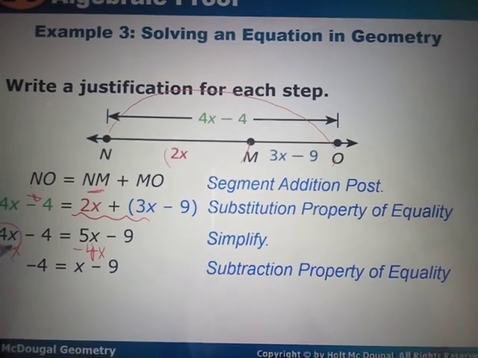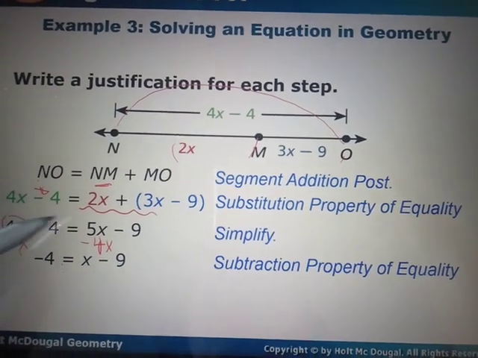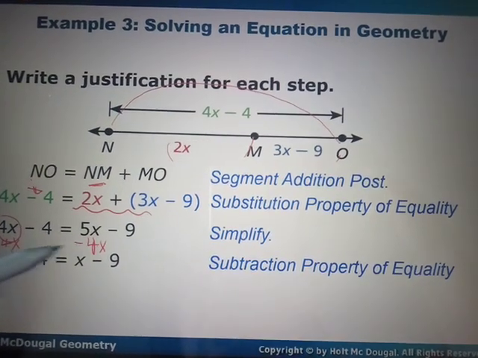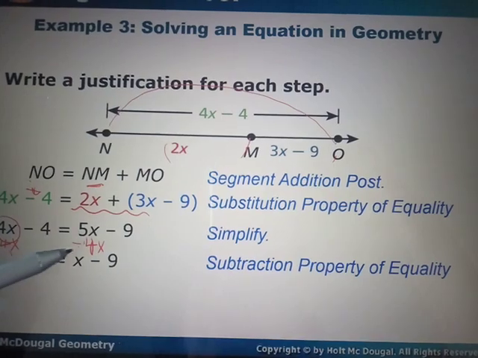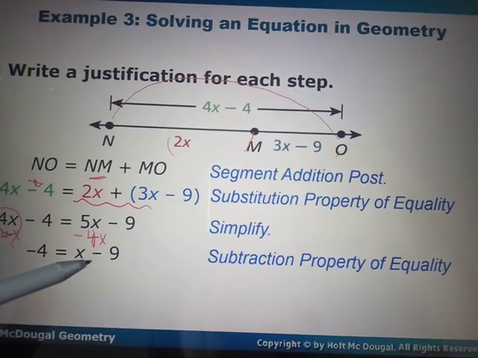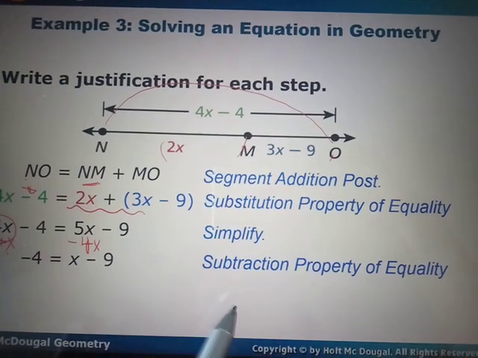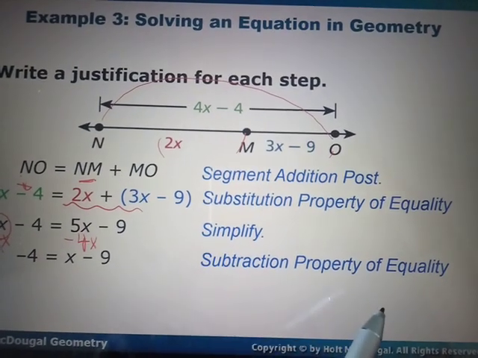So what is the rest? Negative 4 equals 5x minus 4x. What is the result? Here it will be 5 minus 4, it will be 1x minus 9. So what I did here, I used the subtraction property of equality.